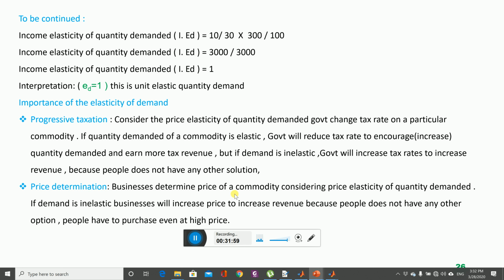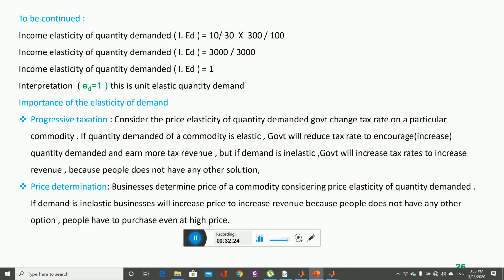Businesses determine the price of a commodity considering price elasticity of quantity demand. If demand is inelastic, businesses will increase price to increase revenue because we do not have any other option. So businesses use the concept of elasticity in price determination, to increase the price of a commodity or to decrease it.